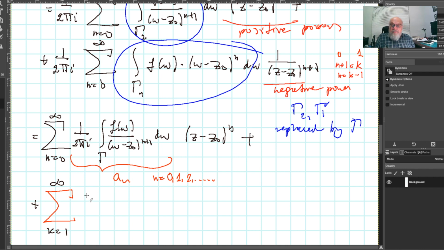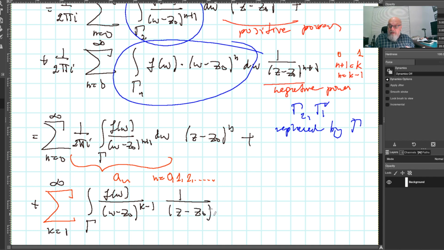And then I'm getting here the integral over gamma of f of omega. I rewrite it: this is minus z0, and what do I get here? If n has to be replaced by k minus 1, this will be k minus 1, and here I have the power, z minus z0 to the power k.